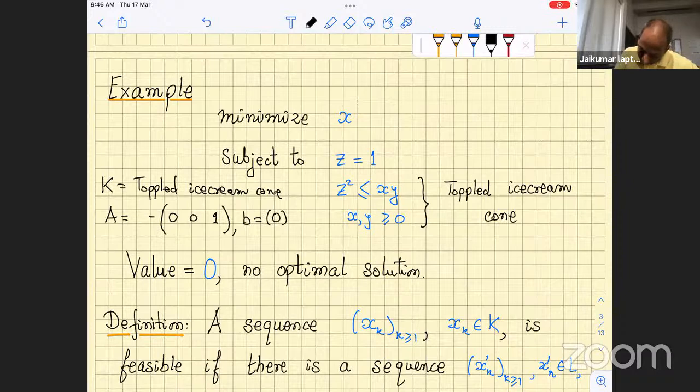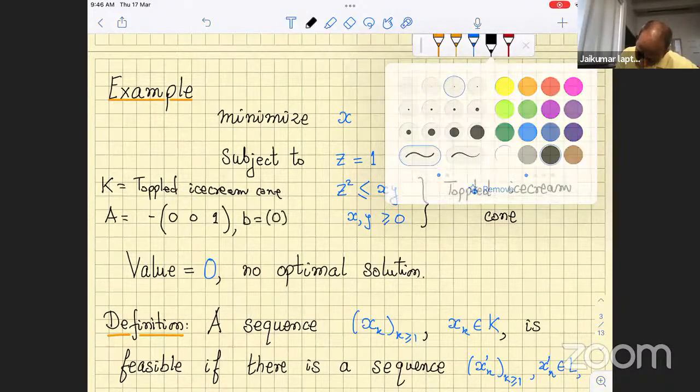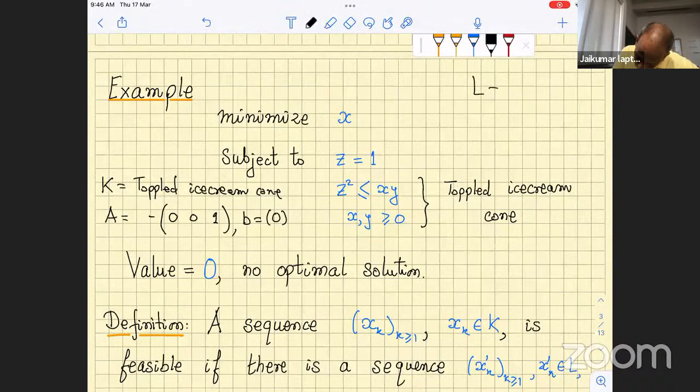Okay, and L is, so if I write B minus A, the points X, Y, Z belong to L, which, oops, B should have been 1. I should have prepared this before.